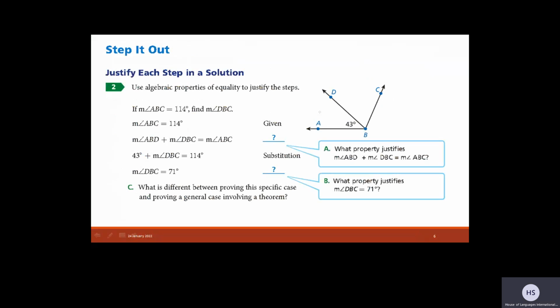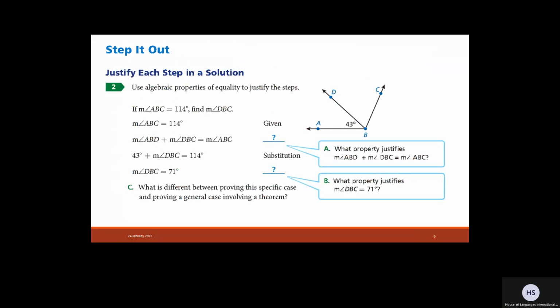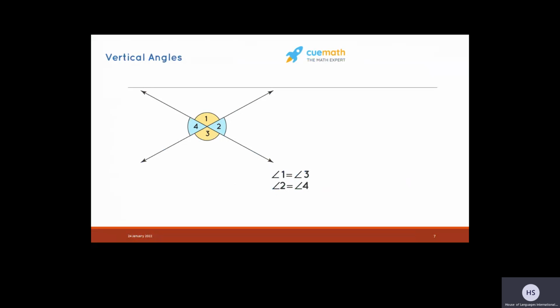And L is congruent to N. That means what? Transitive. The second one is transitive. And the third one, if we have angle BCD congruent to BCD, it means now symmetric. Like this. And we solved this one here.